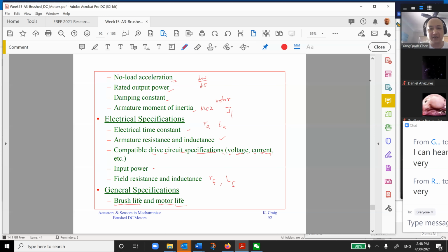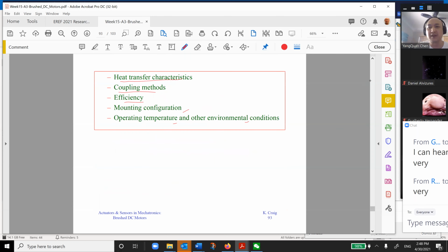Drive circuit specs, like voltage and current, how big it is. Input power, and field excitation, R_F. All these parameters they will give you in the specifications. And of course, brush life and motor life, they will give you a specification on that as well.